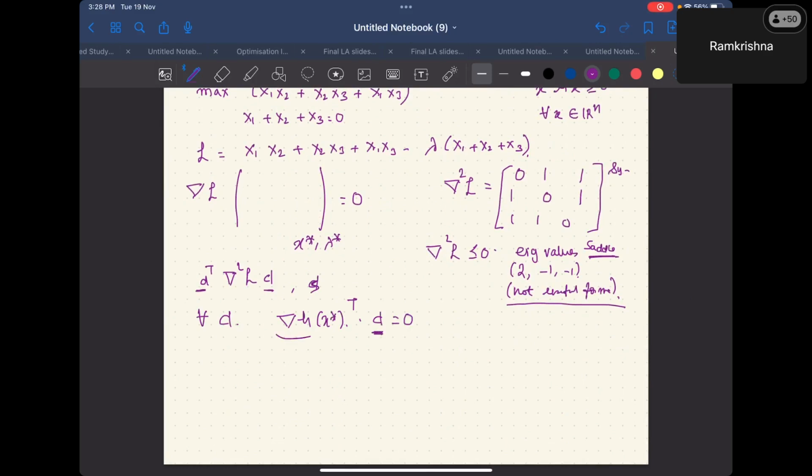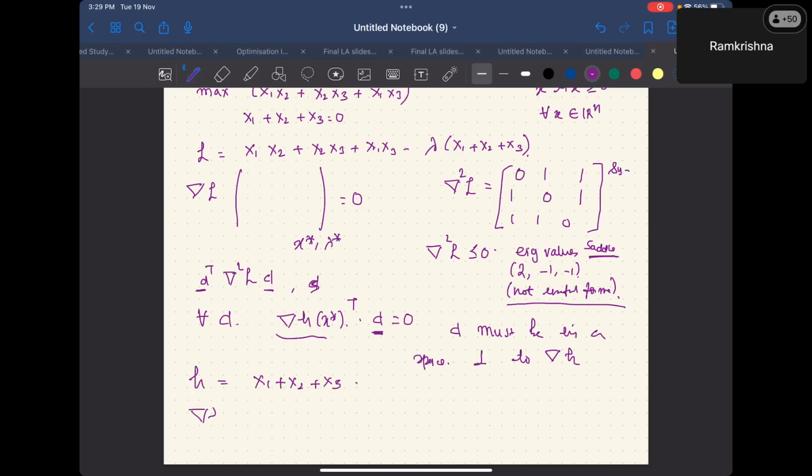Which means that this d must be in a space perpendicular to the gradient of h. Okay, this is nice now. So let me see what h is here. h is x1 plus x2 plus x3.